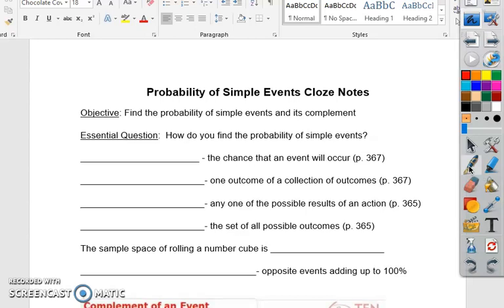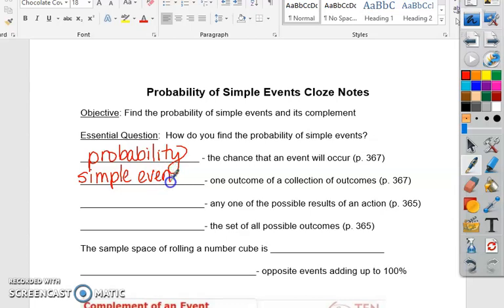vocabulary first. The chance that an event will occur, we call that probability. Then we have one outcome of a collection of outcomes, and we call that a simple event.